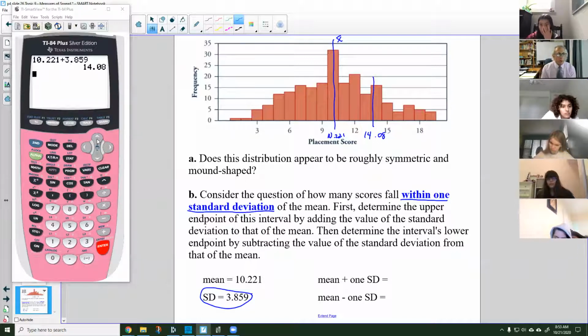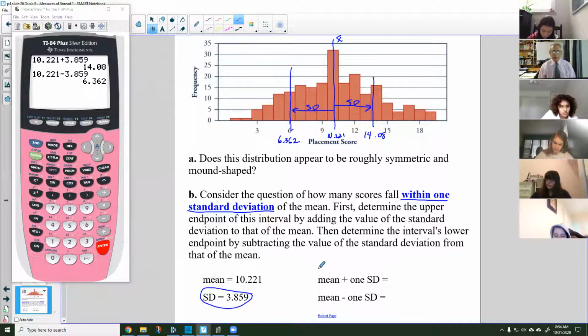And one standard deviation below the mean is 10.221 minus 3.859, which is 6.362. So here's my mean. Here's one standard deviation greater than the mean. And here's one standard deviation less than the mean.